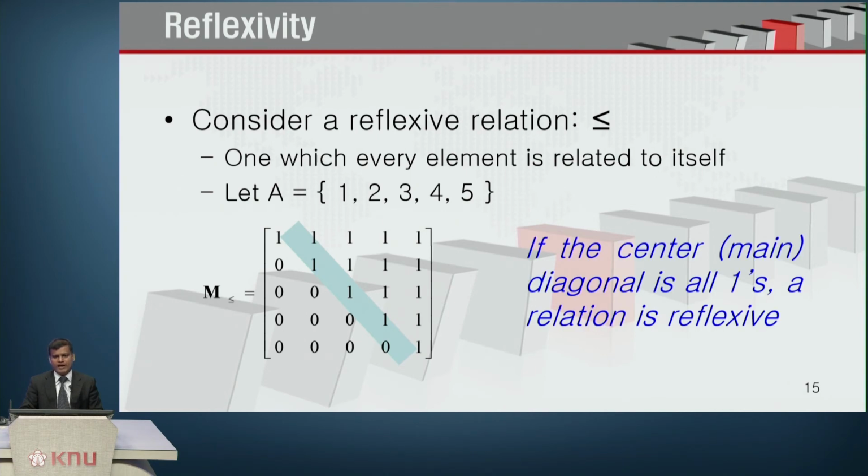If the diagonal elements are all ones, this gives us an idea that this has the reflexive property. If the main diagonal is all ones, the relation is reflexive. That is one of the shortcuts for us to understand when a matrix is represented in this form.